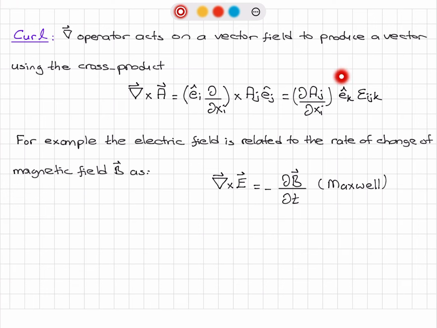So here, using our definition of the curl with subscript summation notation, we have del Aj del xi ek hat epsilon ijk, that's curl A. So this produces a vector, and a good example is from Maxwell's equations. Curl of the electric field is minus the rate of change of the magnetic field. Next, we're going to talk about the physical picture that describes the divergence, curl, and the gradient operations.